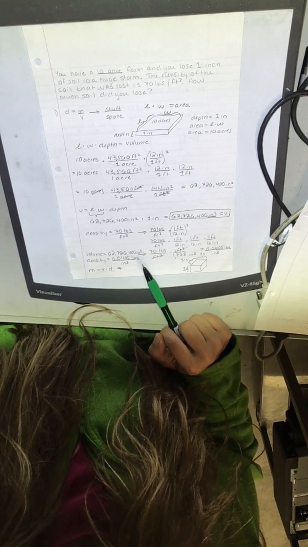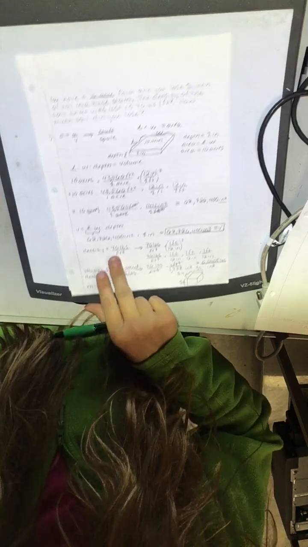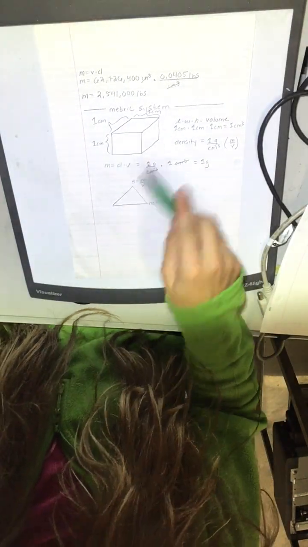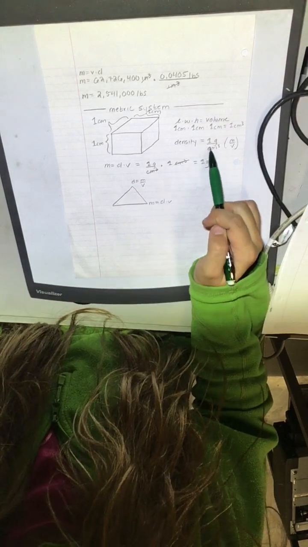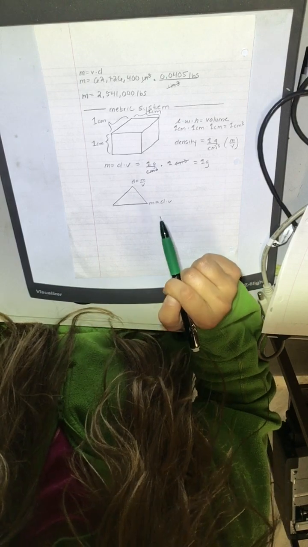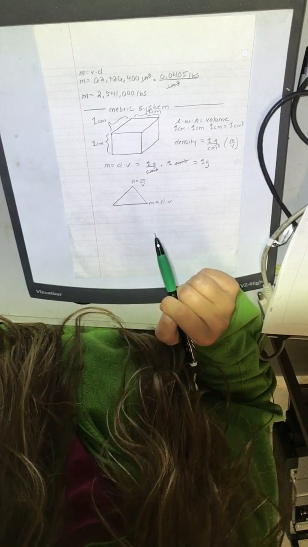And then we solved for mass. That's all we did. Again, the same thing that we would do if we had some cubic centimeter. Which, by the way, this density, 1 gram per cubic centimeter, is the density of water, which is why I use that. It's just something I know. So go with what you know.